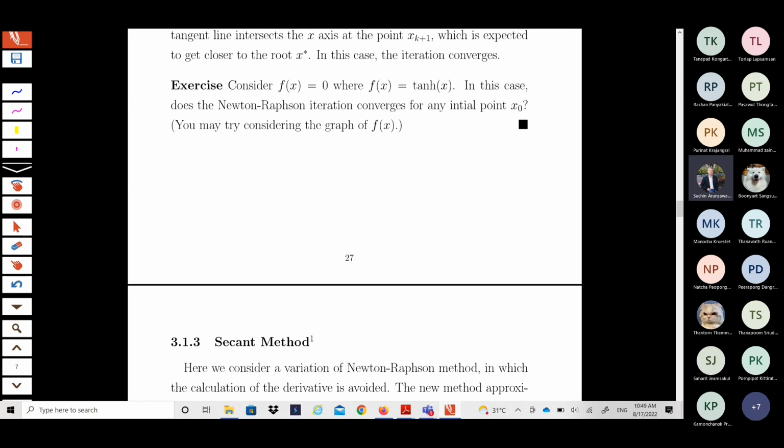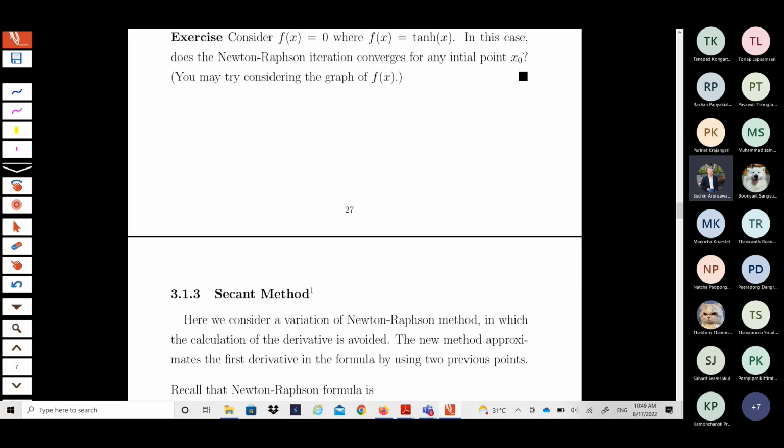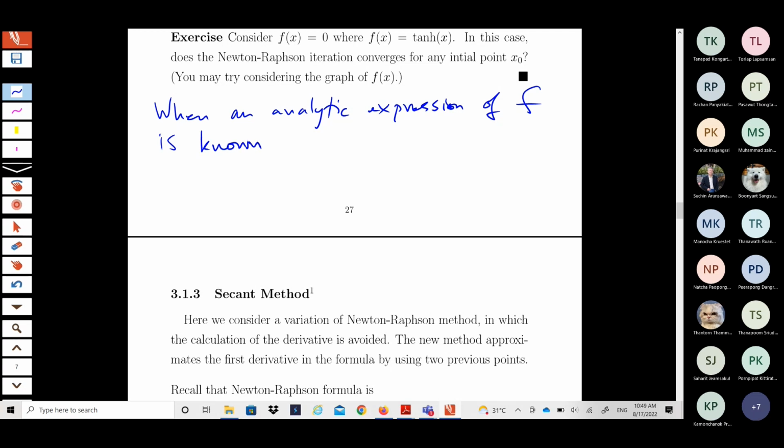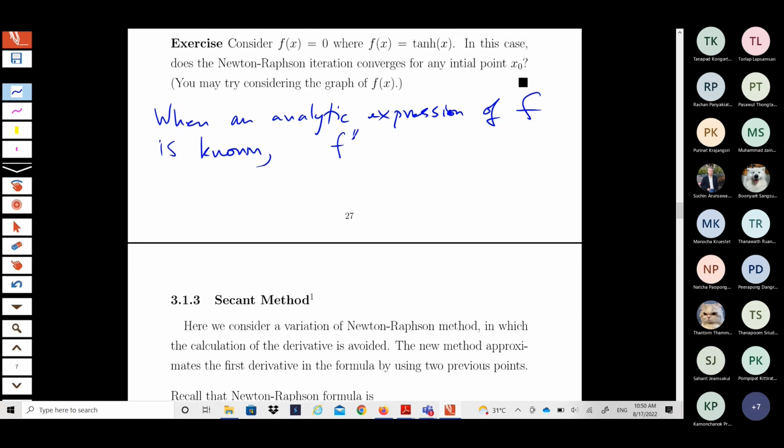In real application, if you have an analytical expression of the function f, we can compute f prime very easily, right? When f prime of x is easily obtainable.